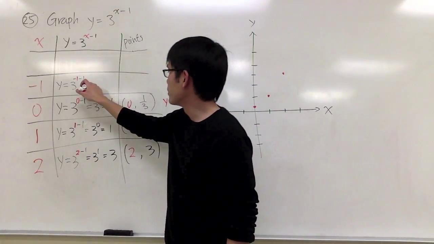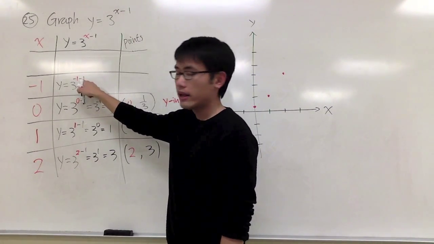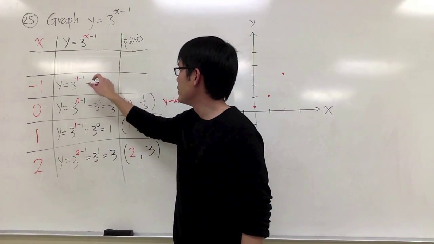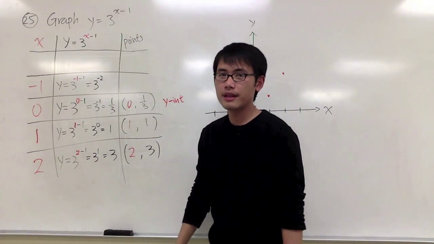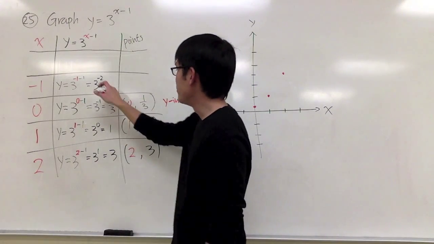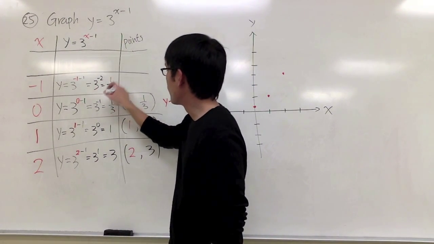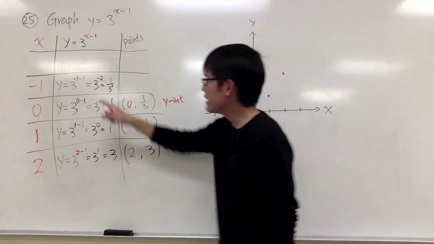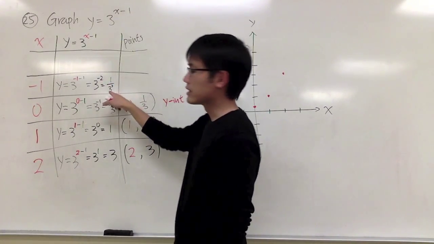And we are going to do -1 minus 1, which is -2. We will get 3 to the -2. And 3 to the -2 means we will have 1 over 3 squared. Once again, negative exponents become a fraction.